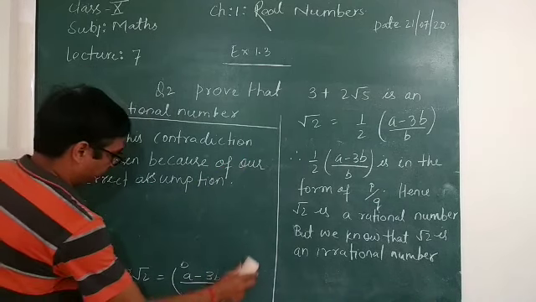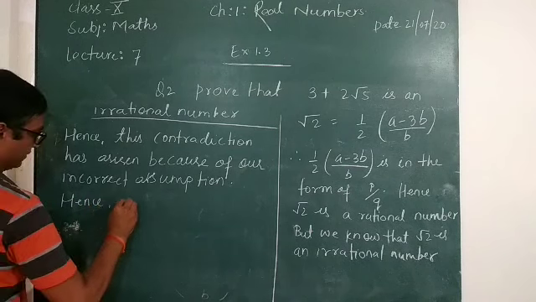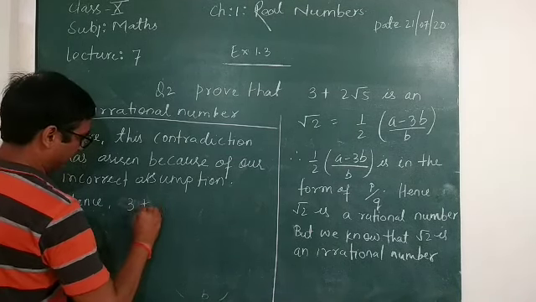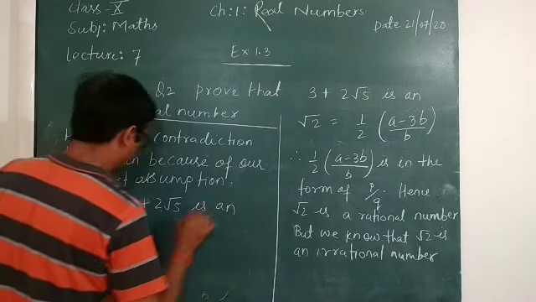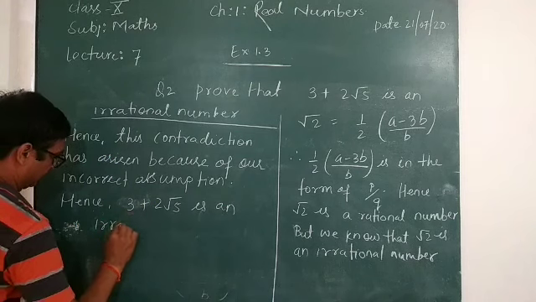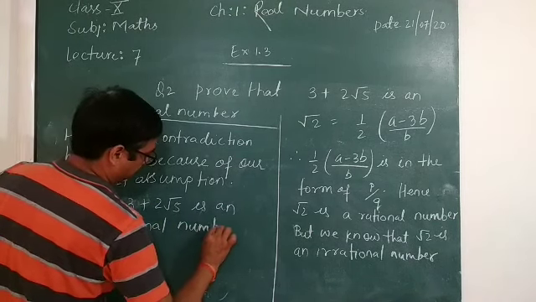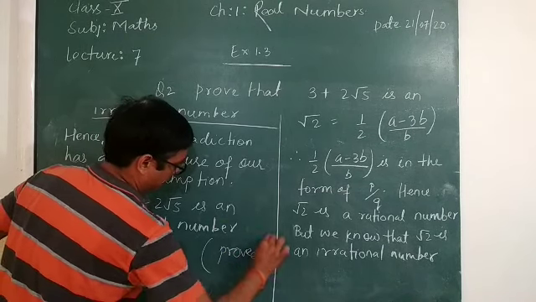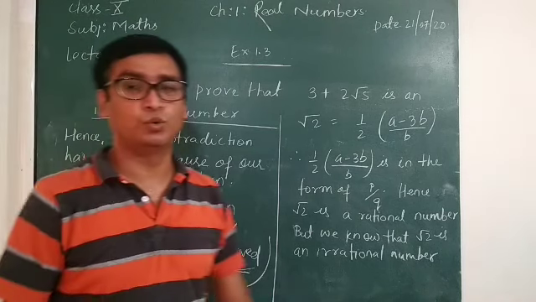Hence 3 plus 2 root 5 is an irrational number. Proof. Okay, so this is our question number 2.